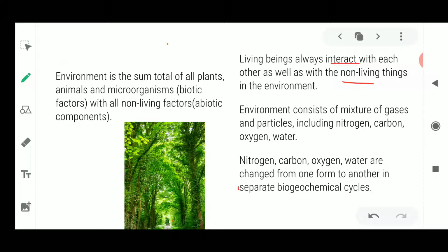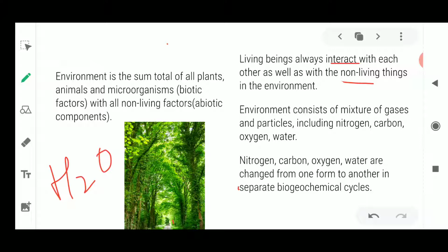Now if we think about water, we need to drink water also. So there is an interaction between the living and non-living components. Water is an abiotic factor, whereas living beings, the animals and the plants, all require water. Plants require water for photosynthesis, and we require water for quenching our thirst and taking care of our body, because about three-fourths of our body is made up of water.